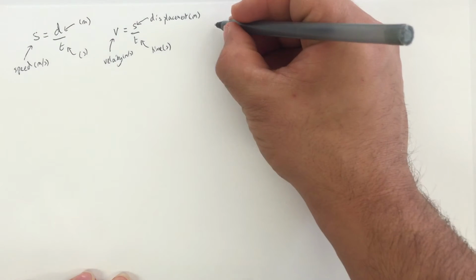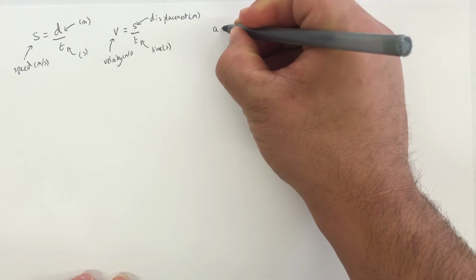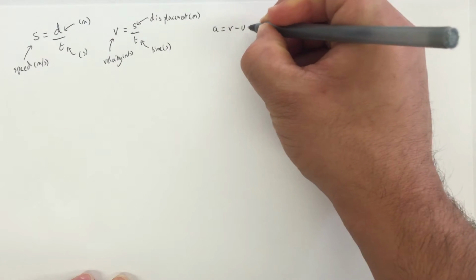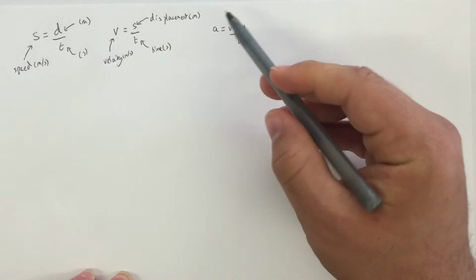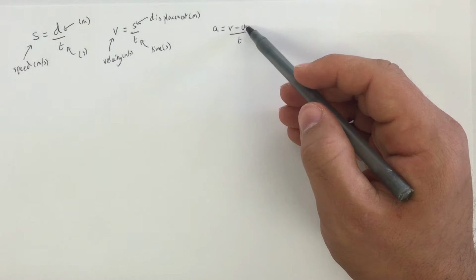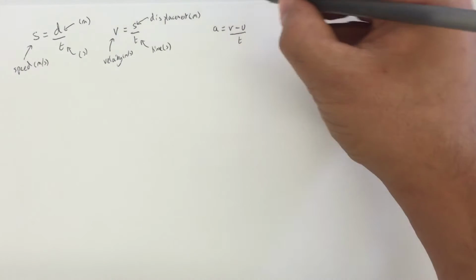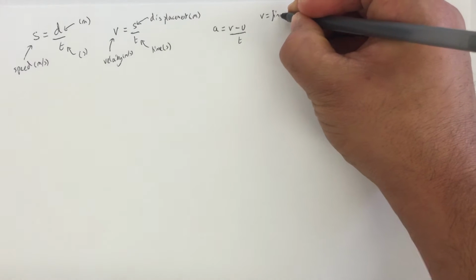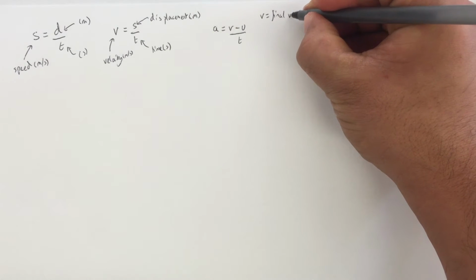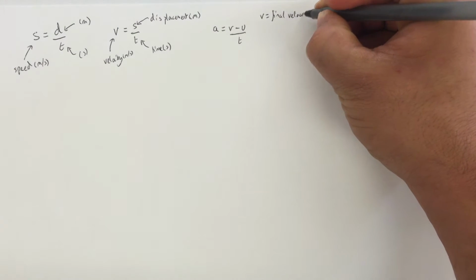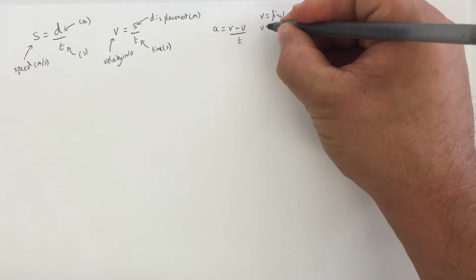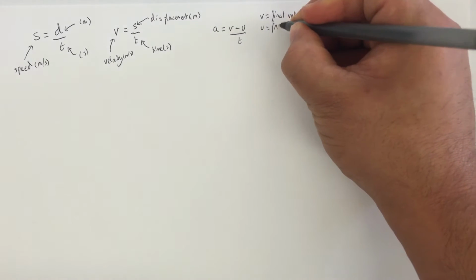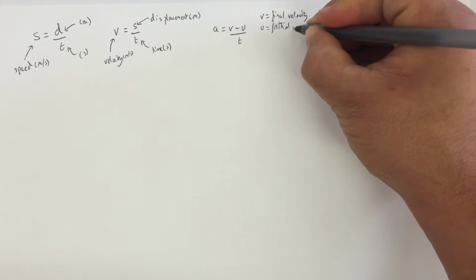The next topic in here that we do is acceleration, which is v minus u divided by t, or acceleration is the change in speed divided by time. So I'm going to use this notation quite a lot. v is the symbol that we use for final velocity. u is initial velocity.